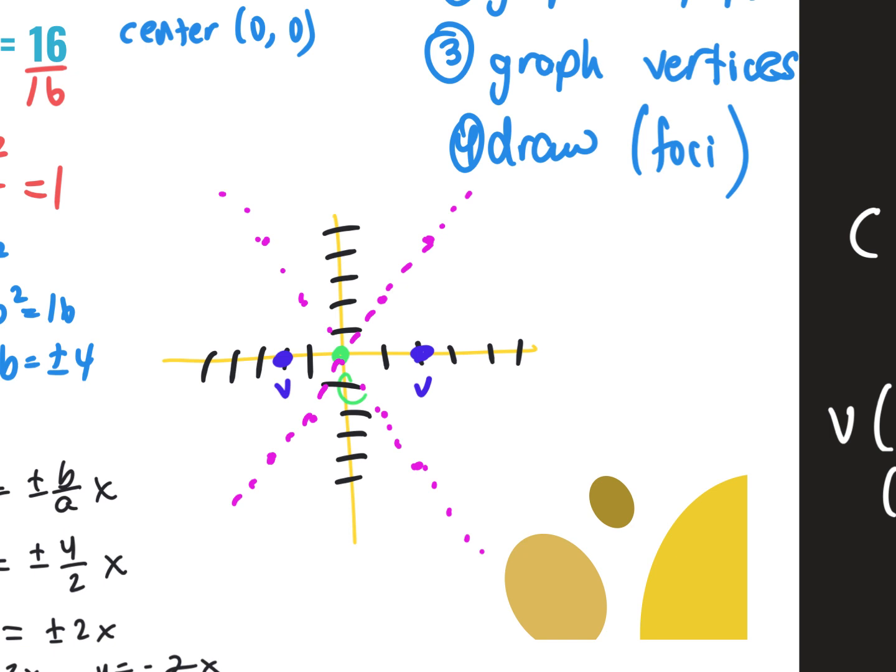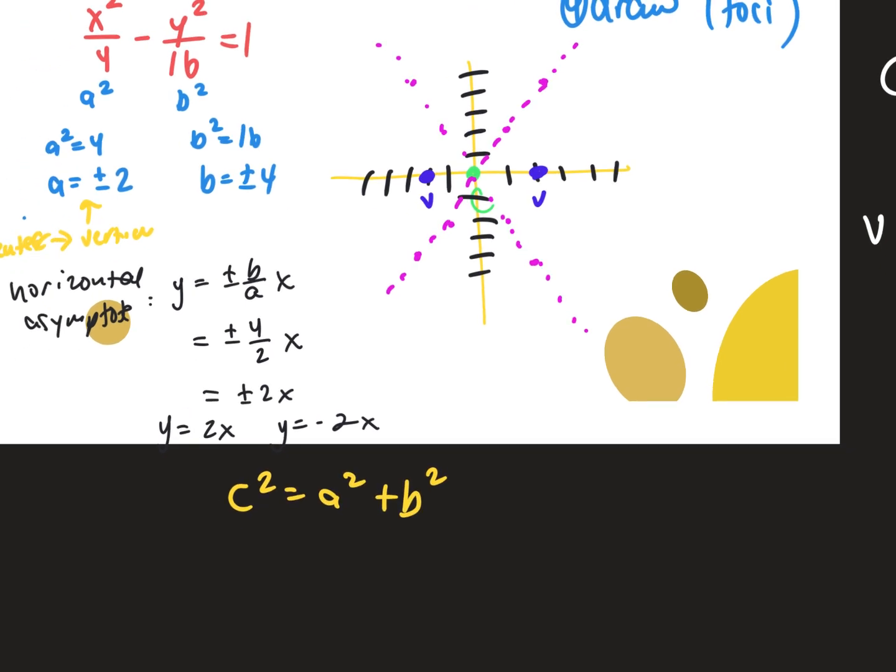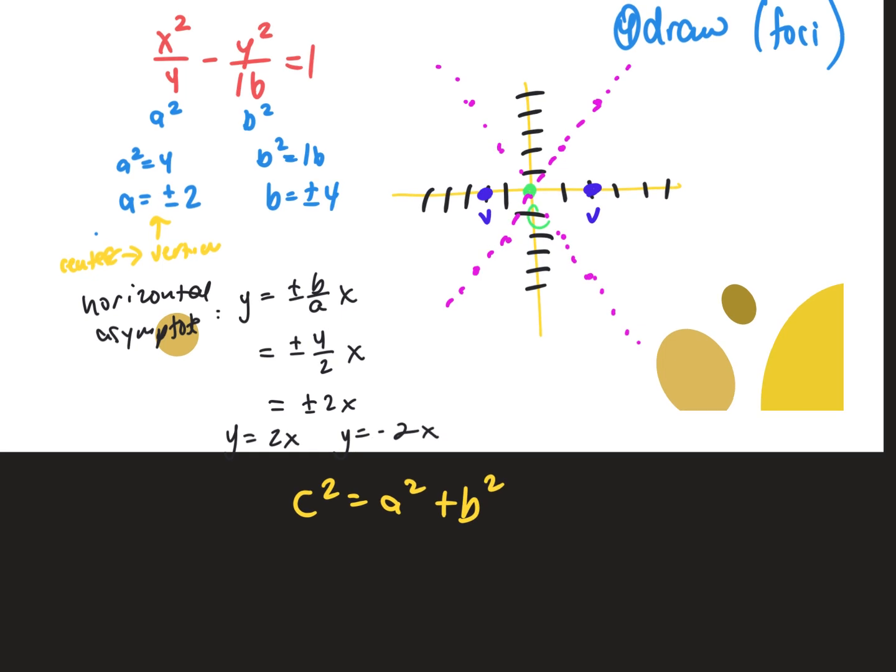Now I need to put my foci on there. What is my F value, my foci? How do I find the foci? Your C. Okay, so I have A and B. Oh, wait a second, I don't have C. How do I find C? C squared equals A squared plus B squared. What theorem is that? It's also the Pythagorean theorem.